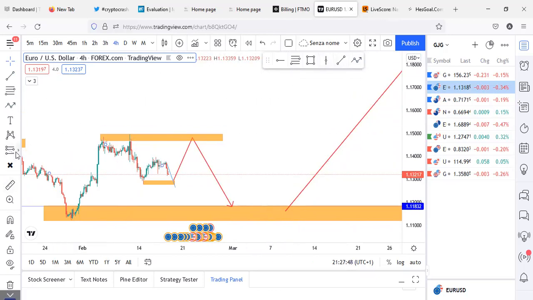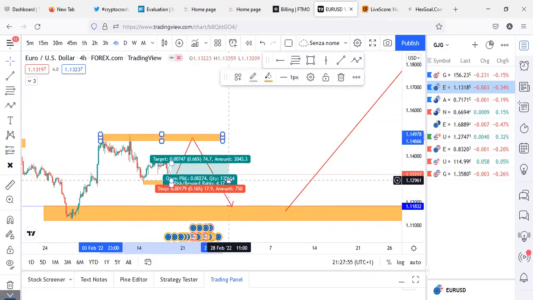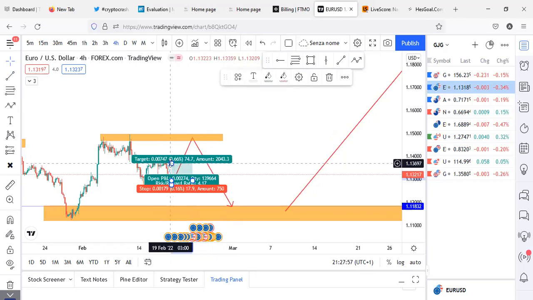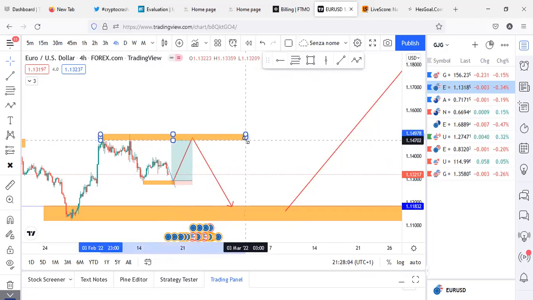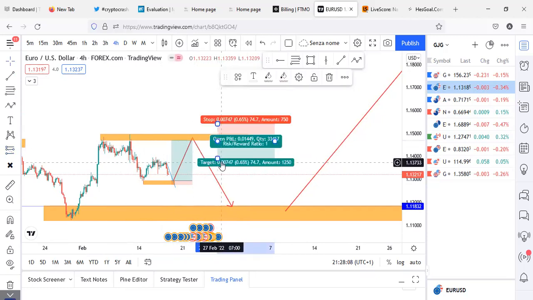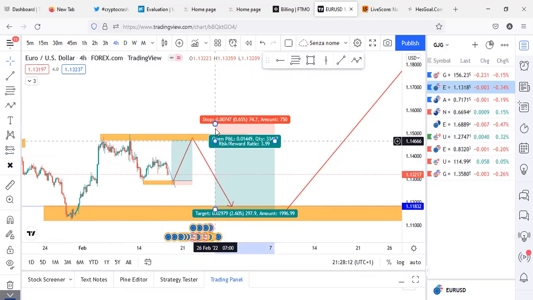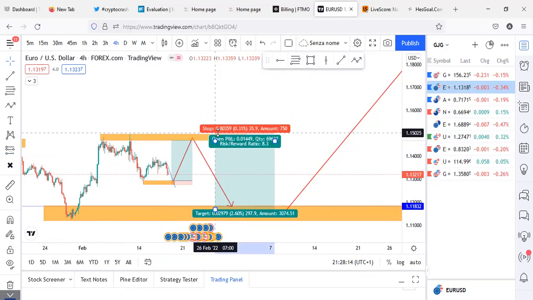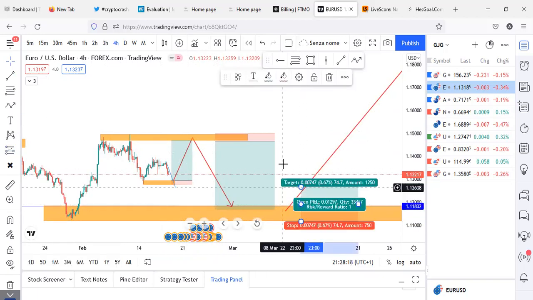So let me just pull all this stuff. Then the everlasting buy.